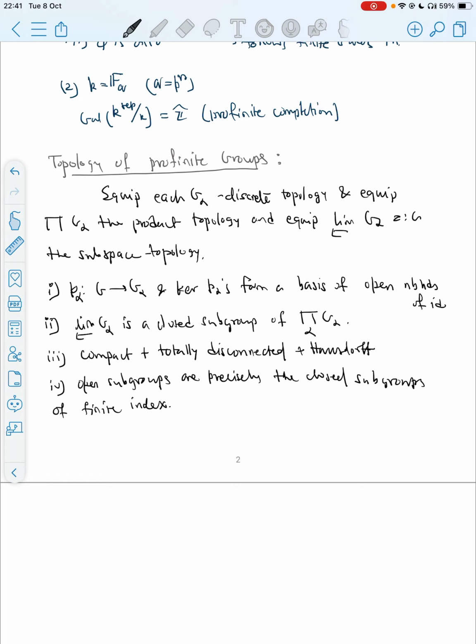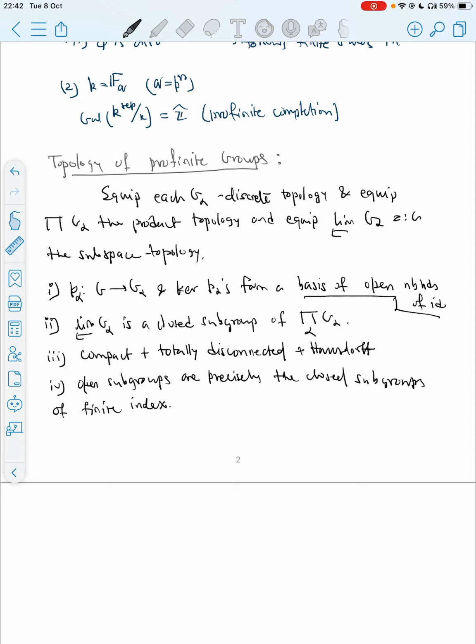And in fact, as I was saying at the beginning, there are several equivalent definitions of profinite group. In some books they define profinite groups as a topological group that's compact, totally disconnected, and then they show that it's indeed an inverse limit of an inverse system of finite groups. In that case, the candidates for the inverse system become G modulo the basis of open neighborhoods of identity.